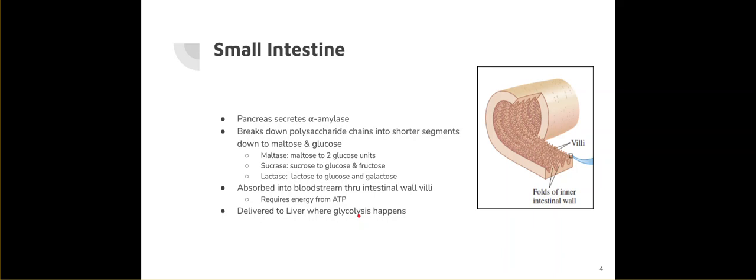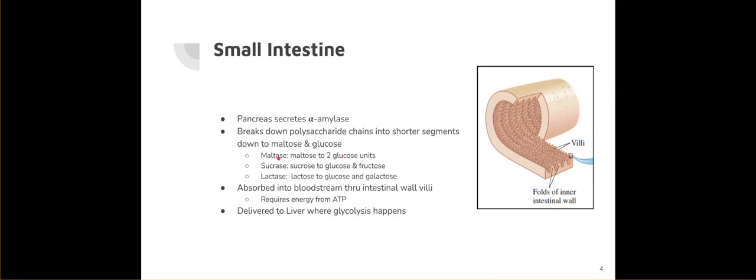And here's the small intestine. So your pancreas secretes alpha amylase, and this will break down the polysaccharide chains into shorter segments, and then those will get broken down into maltose and glucose. So maltose is 2 glucose units.